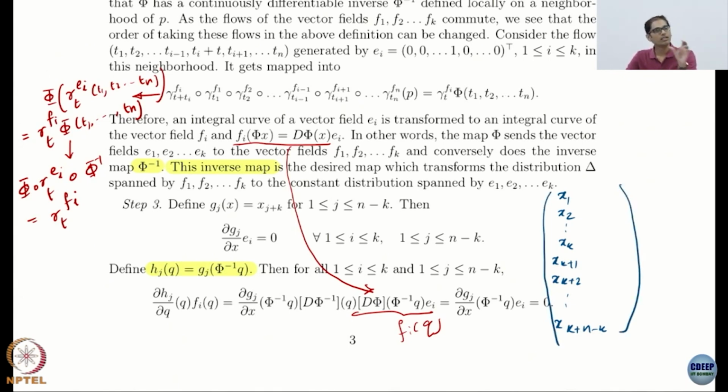Let's go back to what we were doing in feedback linearization. Let's forget this annihilator business. What were we doing in feedback linearization? Whatever was the relative degree of the system, we were choosing the rest of the coordinates. If relative degree was r, we were choosing n minus r coordinates on our own, so that the entire thing becomes a diffeomorphism. And in the normal form, of course, LG phi is 0.